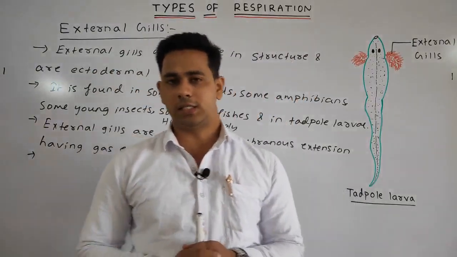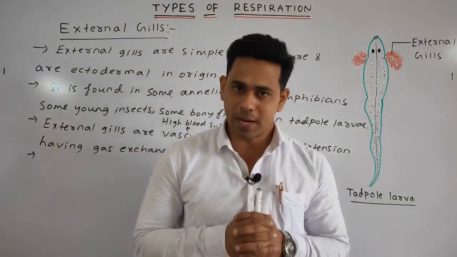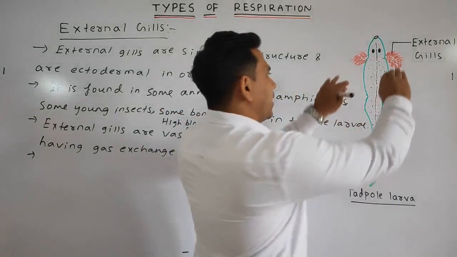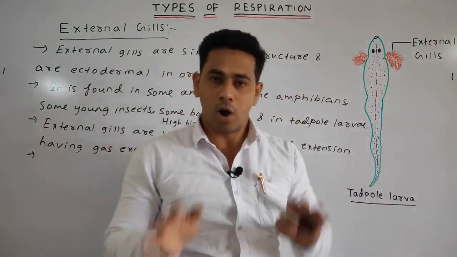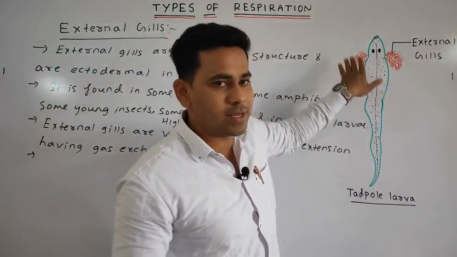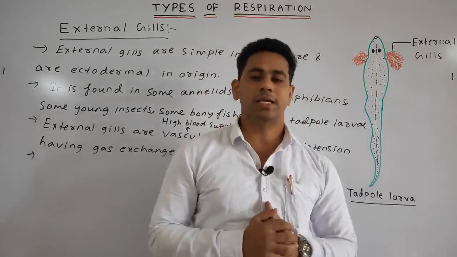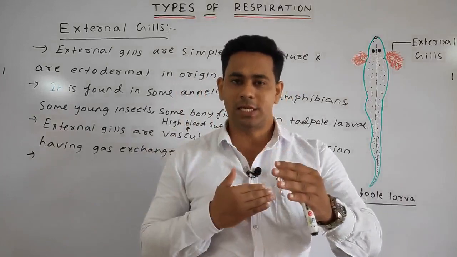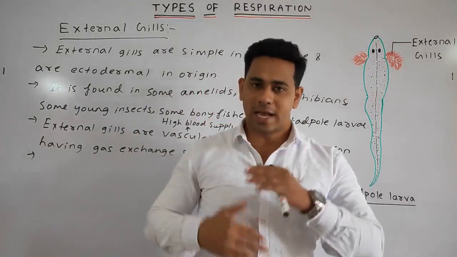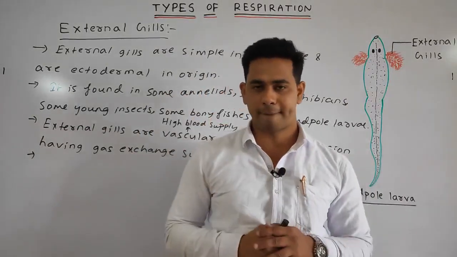These external gills are the vascular membranous extension, means some sort of extension on which the gaseous exchange surface is present, on which the gaseous exchange of the oxygen and the carbon dioxide can take place.